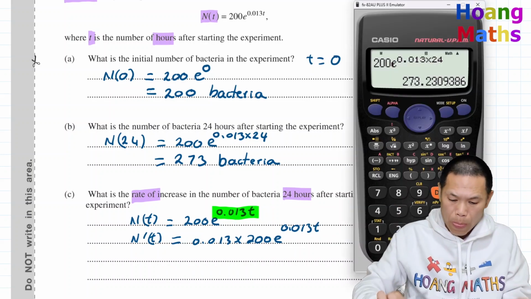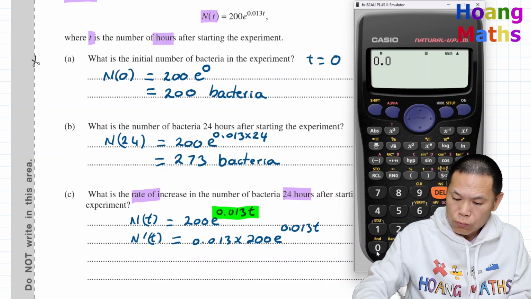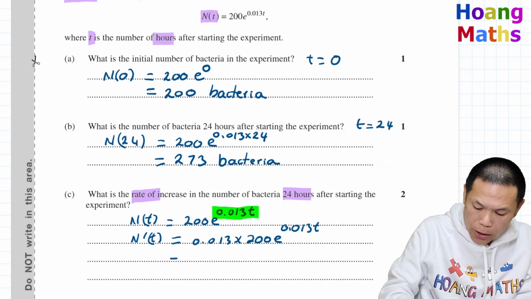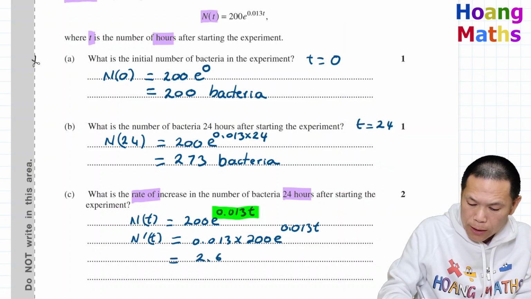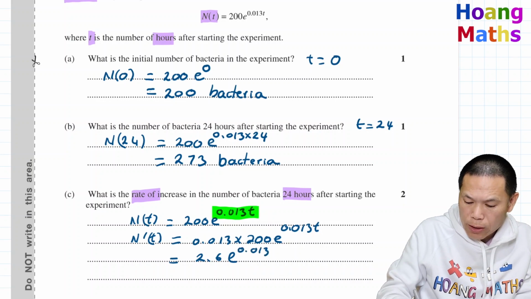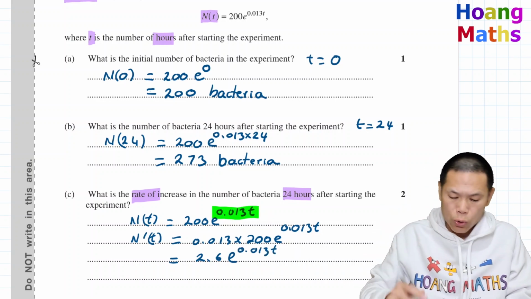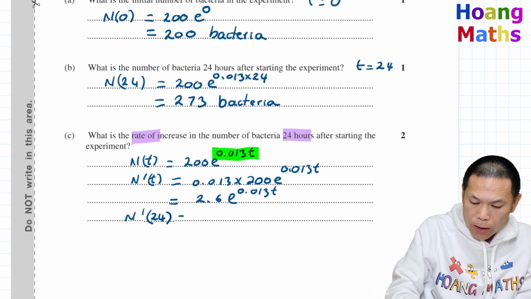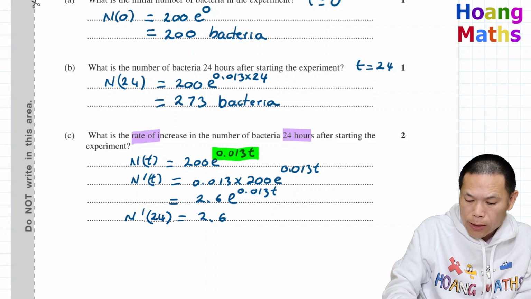I just go 0.013 times 200, so 2.6. So the answer is 2.6 e to the 0.013 T.